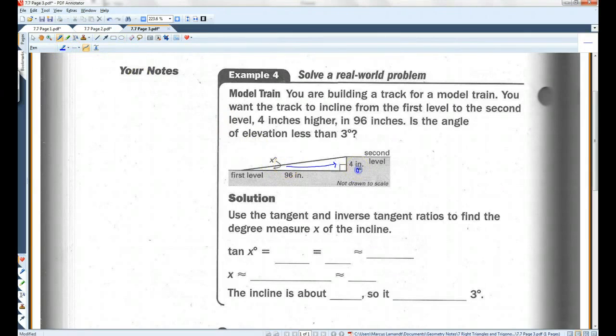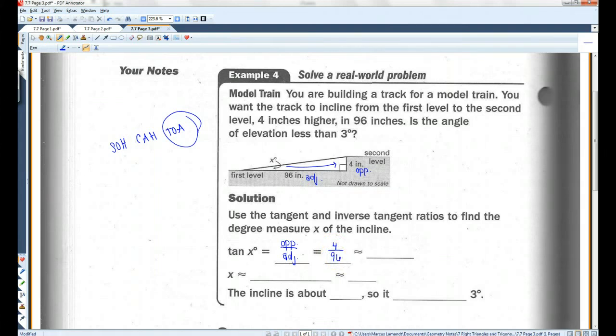We have the opposite, and we have the adjacent. So if you think SOHCAHTOA, opposite and adjacent, that would be tangent.